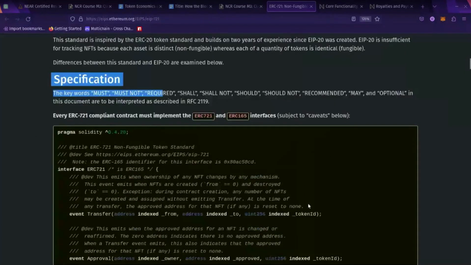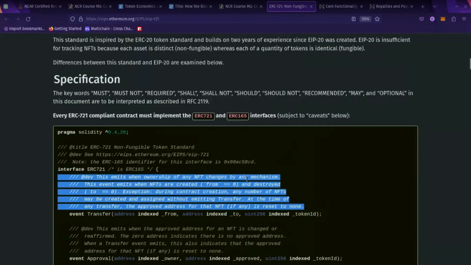But again, there are comments for all of this. It's telling you this is the function being called, or this is an event that's available, the transfer event, and this is the information. You can just read this part; you don't have to read the code.